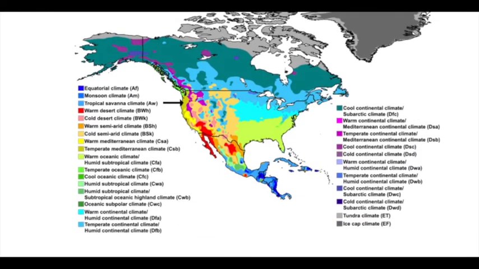So this is just North America. You can see that generally most of southern North America, say Florida up to Ohio and Virginia, has a humid, warm oceanic climate.